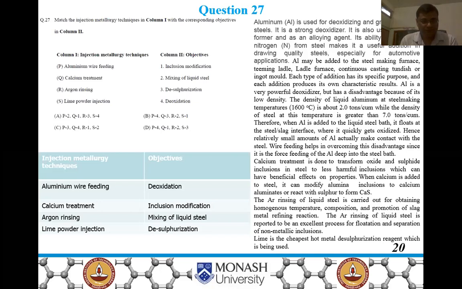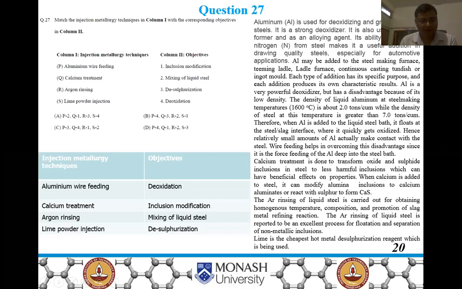So aluminum wire feeding corresponds to deoxidation, so P is 4, and calcium treatment corresponds to inclusion modification.